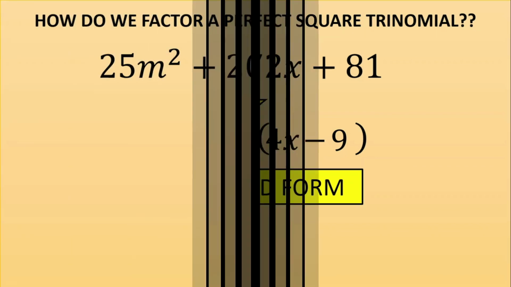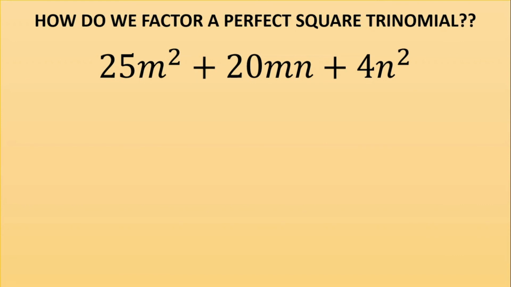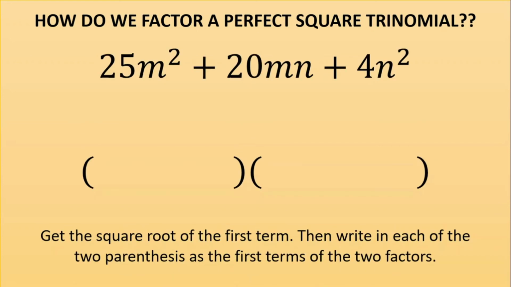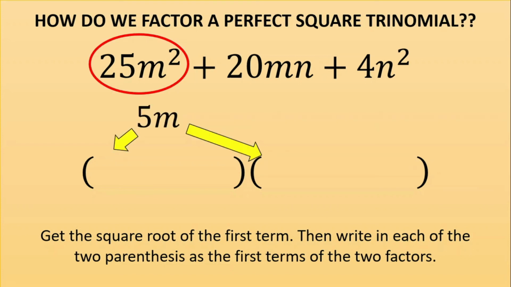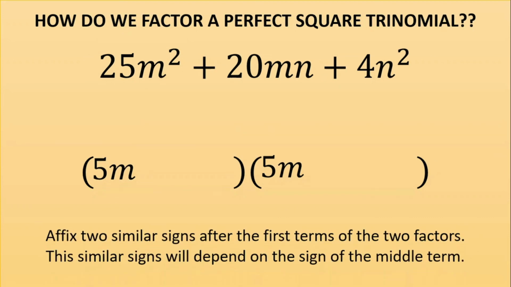For our third example, we have 25m squared plus 20mn plus 4n squared. Once again, our two parentheses. Then get the square root of 25m squared, our first term, which is equal to 5m, and write it in each of the two parentheses. Then affix two similar signs depending on the sign of the middle term.